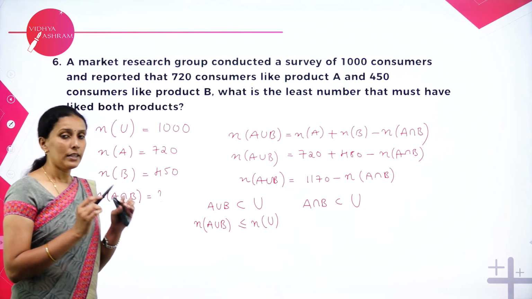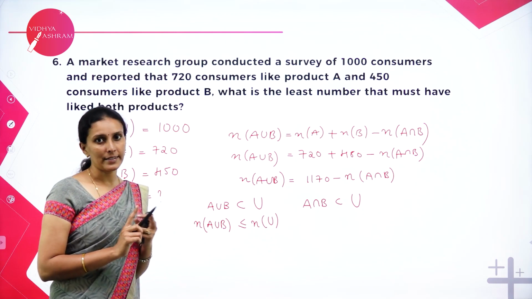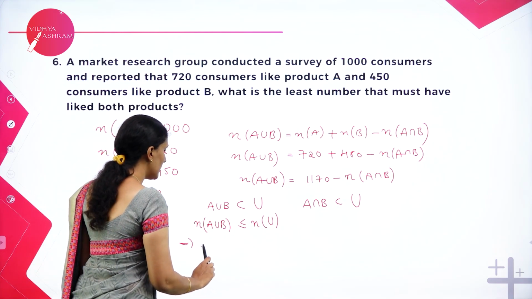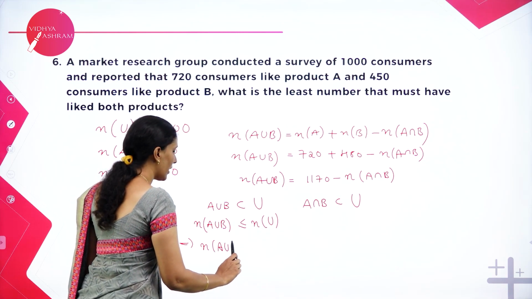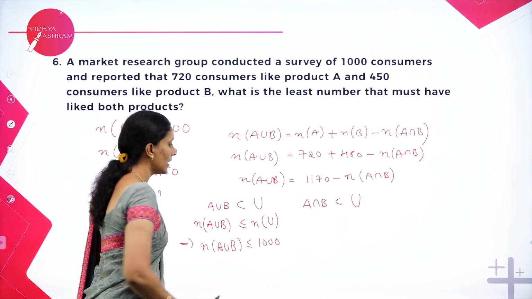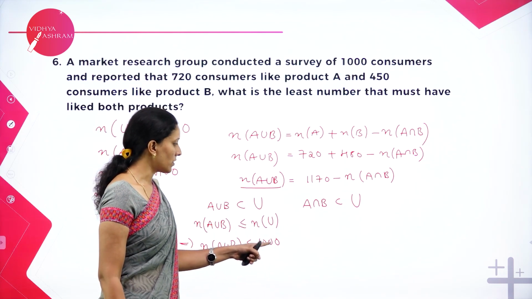So the maximum value that A union B can take is the universal set. Therefore, the maximum value of N of A union B is less than or equal to 1,000. That is, the maximum value this can take is 1,000.